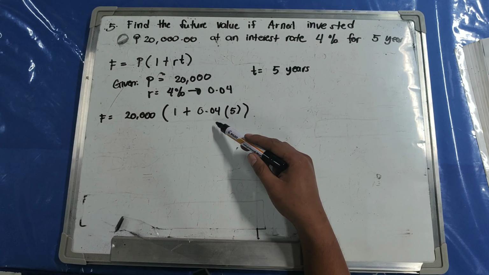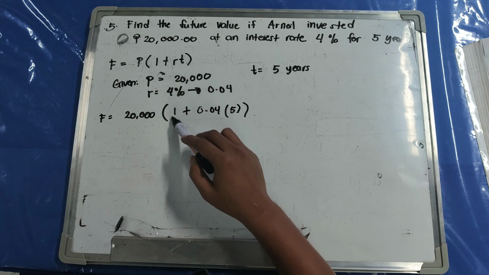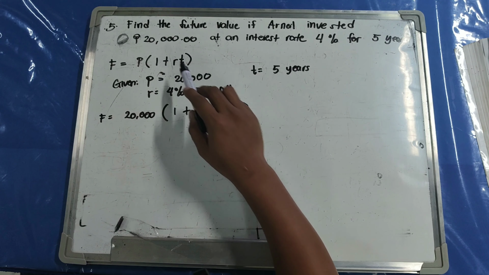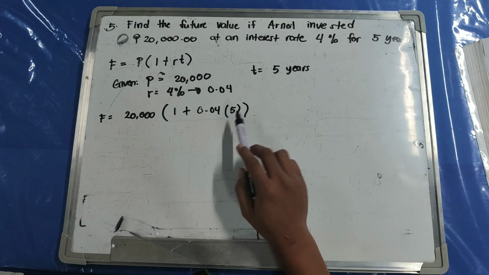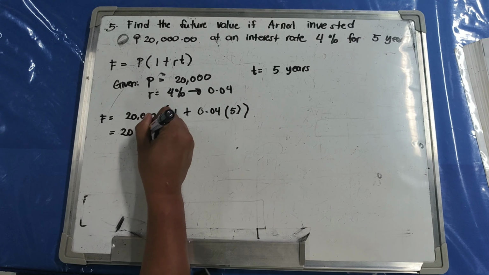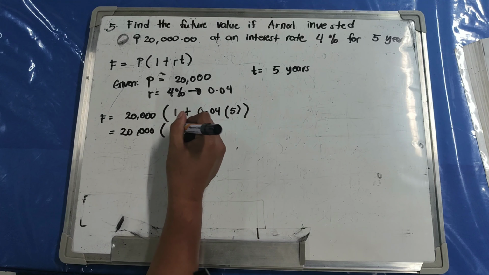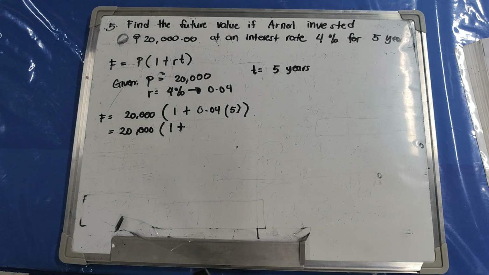Again, what we did in this part is substitute. Simplify: 20,000, apply PEMDAS, 1 plus 0.04 times 5. 0.04 times 5, use your calculator, class.